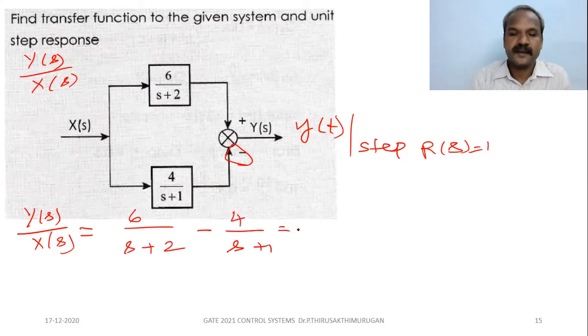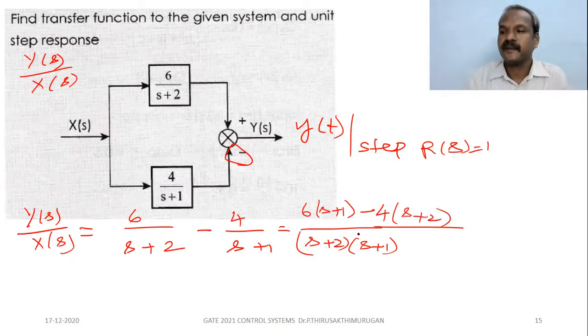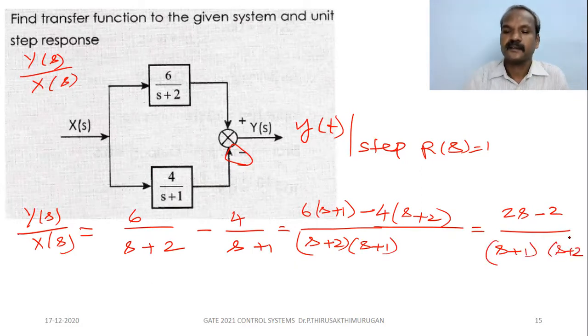Taking LCM, (s plus 2)(s plus 1), 6 into (s plus 1) minus 4 into (s plus 2). If we simplify this, we get (2s minus 2) divided by (s plus 1)(s plus 2). Clear?